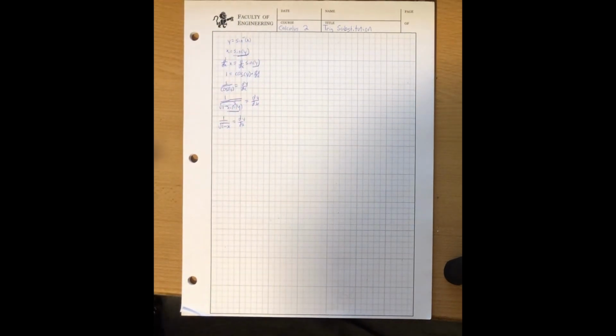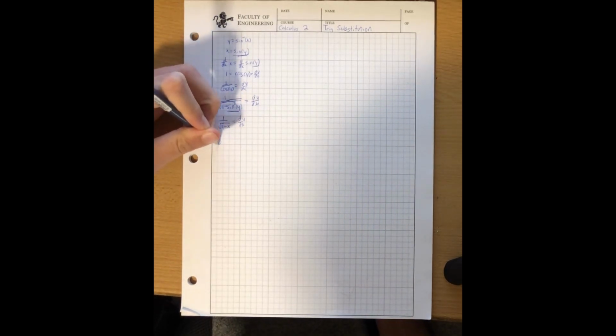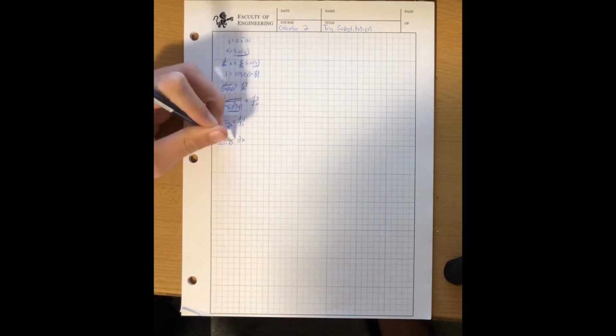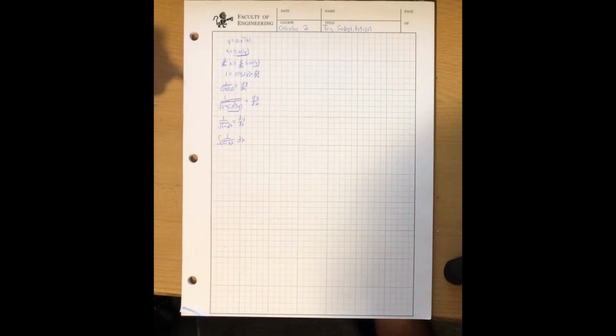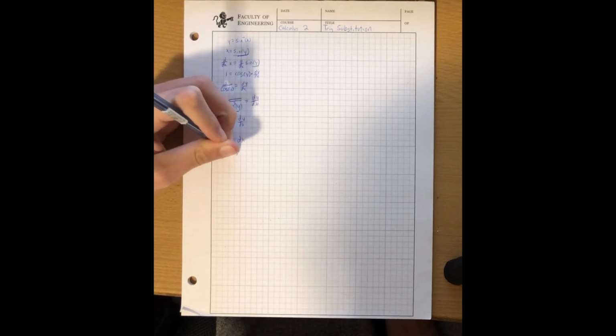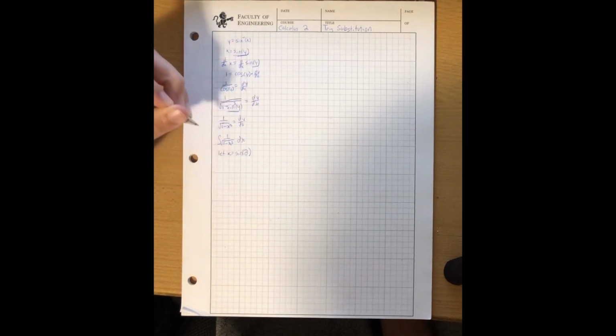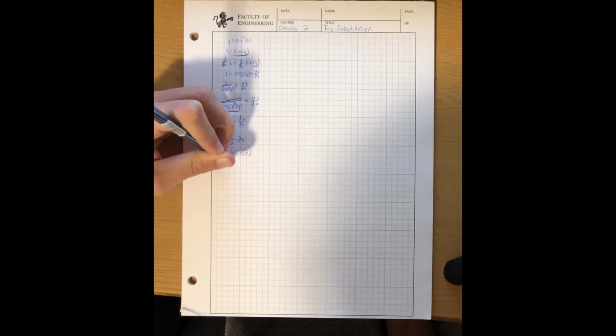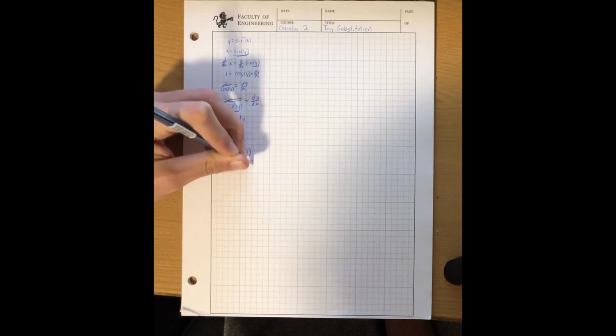And this is the principle of how these trigonometric substitutions work, because we do the reverse process. Suppose we have the integral of 1 over the square root of 1 minus x squared dx. In this situation, we'll let x equal sine theta, and dx equals cos theta d theta.